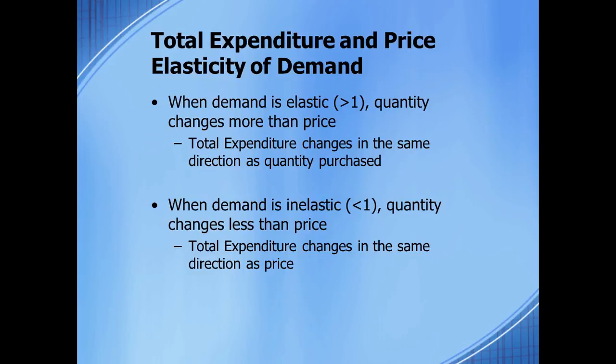Now when the demand is inelastic, i.e. it's less than 1, the quantity changes are less than the price. So the total expenditure changes in the same direction as the price. So to maximise your total expenditure by getting the maximum price for your products, and perhaps by selling less of them.